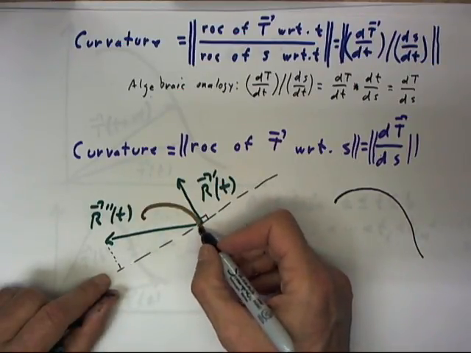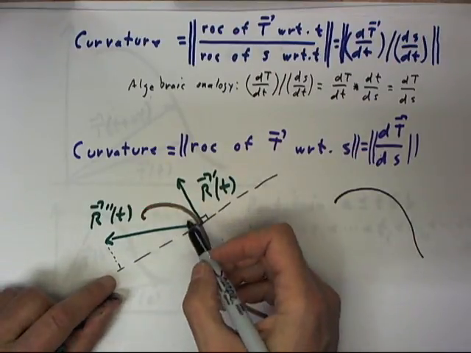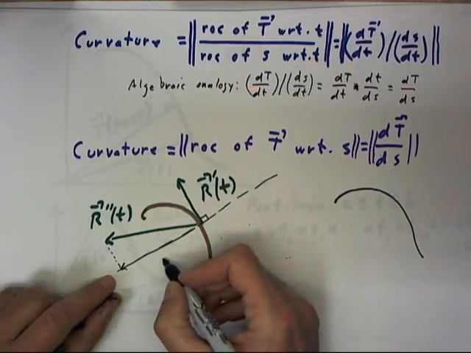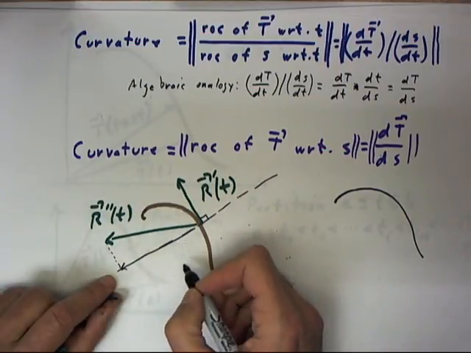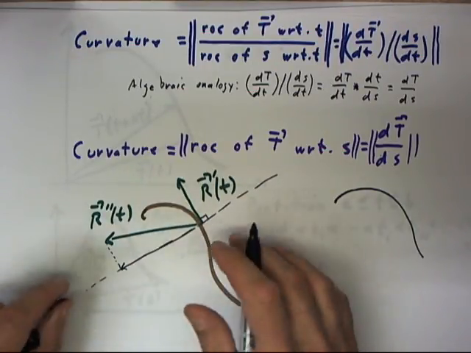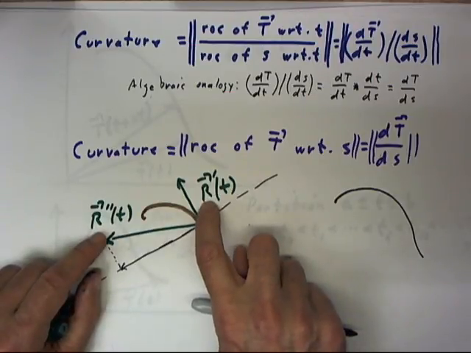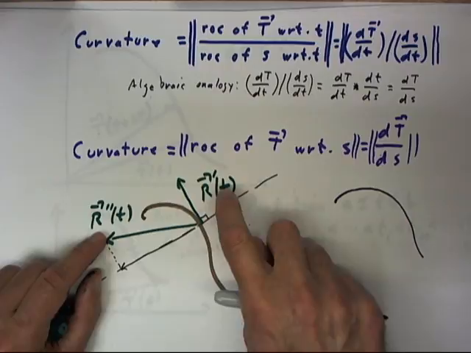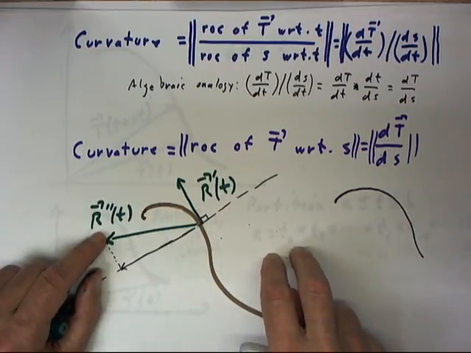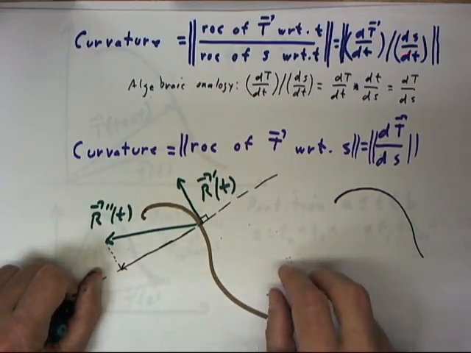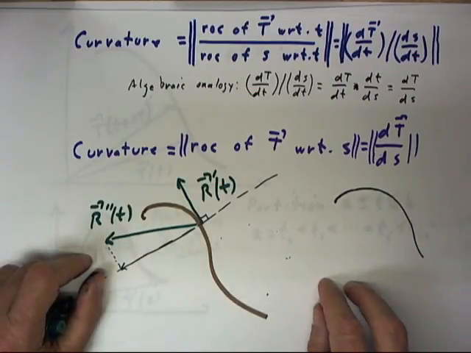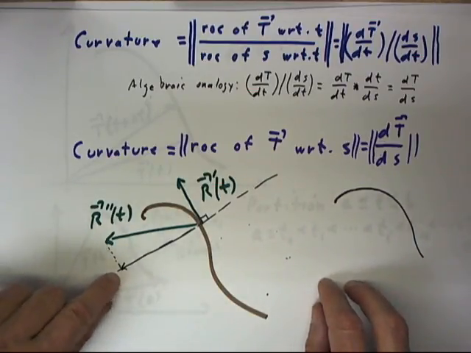Okay, back to my train of thought. If we divide this vector here by its magnitude, we're going to have a unit normal vector, and it might be more convenient just to calculate r prime and r double prime than to calculate r prime, divide by the magnitude of r prime to get the unit tangent vector, take the derivative of that and divide it by its magnitude to get the unit normal vector.